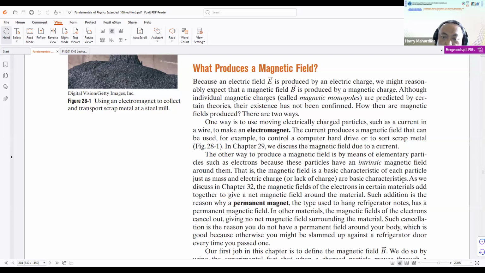So therefore, we will learn more about how a magnetic field is produced due to moving current inside a metallic body or inside a wire.